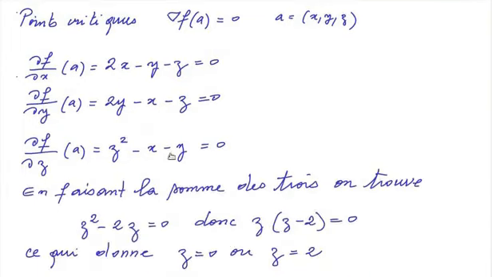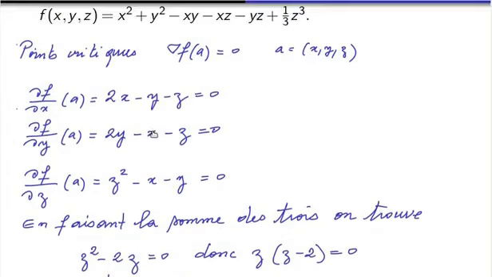The first partial derivatives: the derivative with respect to x is 2x minus y minus z. The other terms have a 0 derivative with respect to x, so 2x minus y minus z equals 0. The partial derivative with respect to y is 2y minus x minus z, so 2y minus x minus z equals 0.